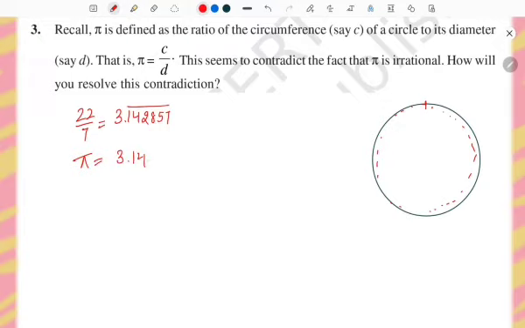It is 3.14159 and so on. The decimal expansion of pi is this, because it is approximately the same value. We use the formula where pi is derived from the ratio of circumference of the circle to its diameter. I hope I am clear.